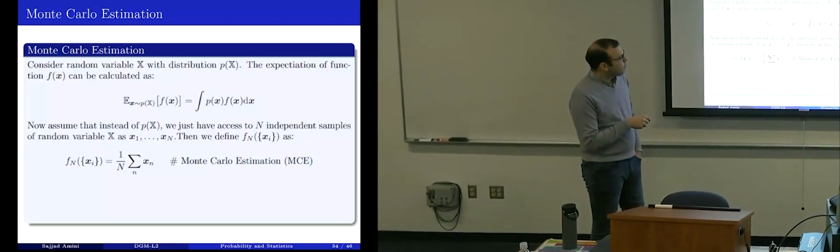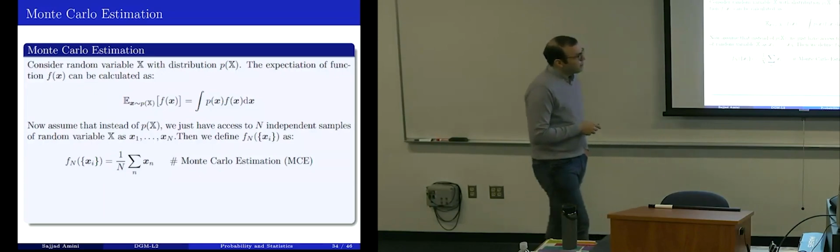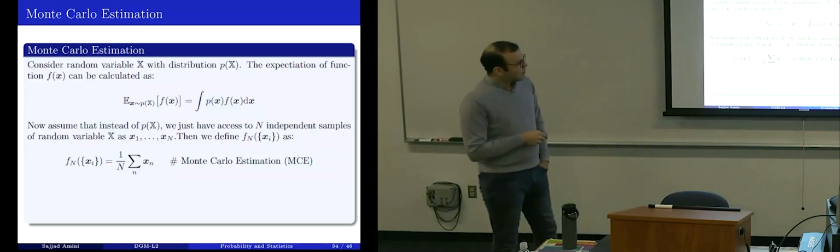It means that for the set of random vectors I have, I evaluate the f and then average them. This is the definition of the average over f of x. This is the Monte Carlo estimation. It is not very well understood here how it can be used for the estimation.